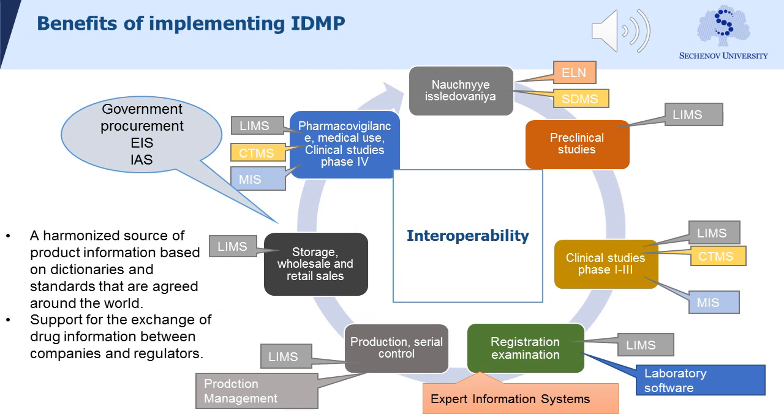A harmonized source of product information based on dictionaries and standards that are agreed around the world is very useful to combine data from all the stages of medical product life cycle. This database help us to support for the exchange of drug information between companies and regulators and all other stakeholders.